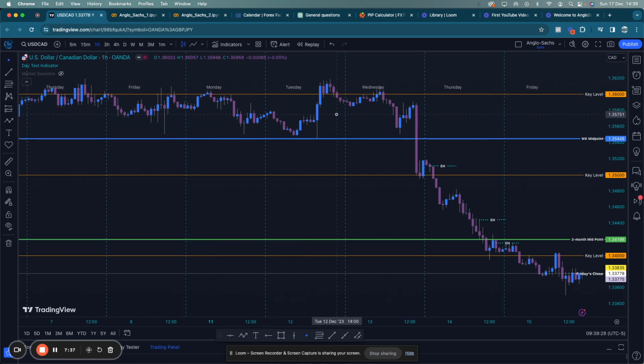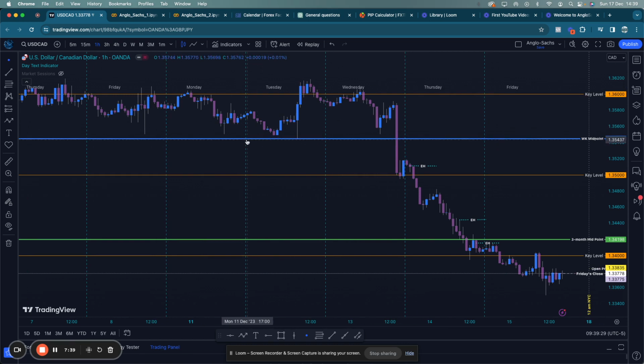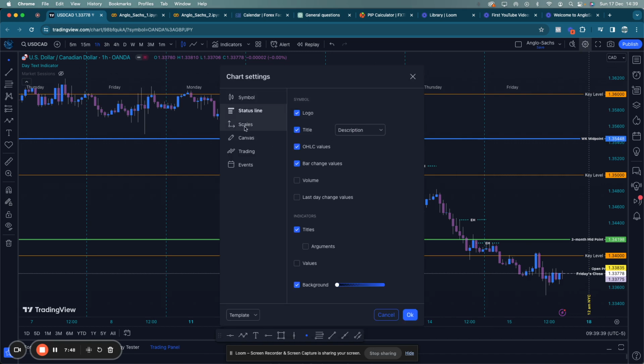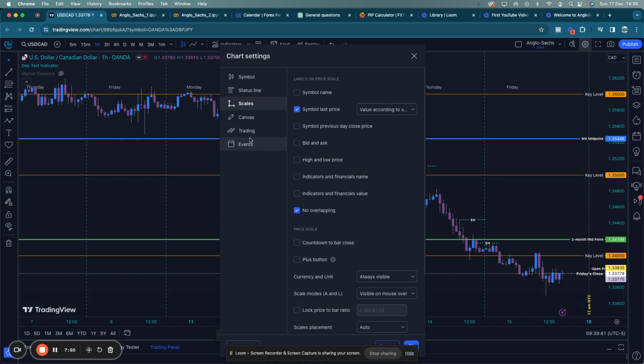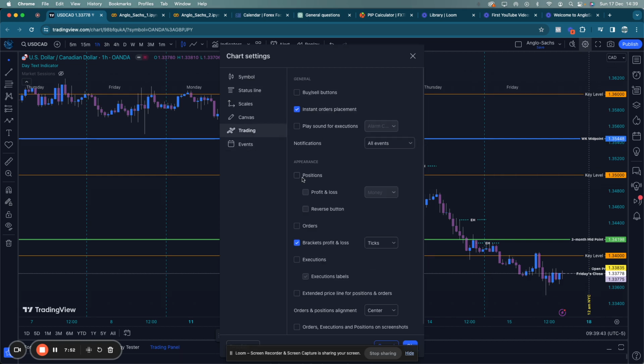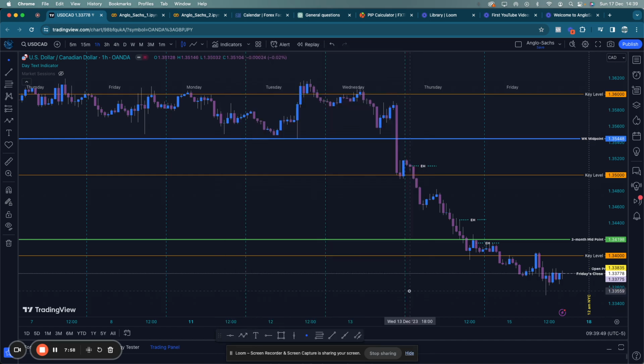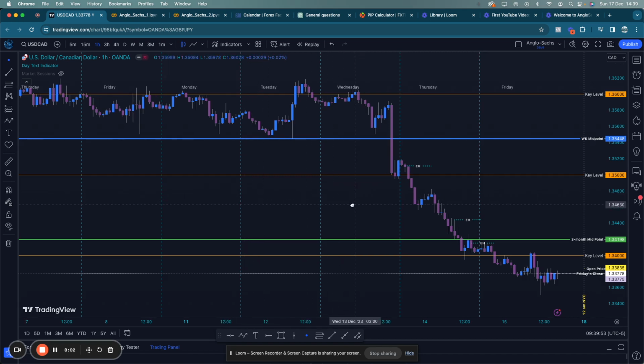I also have daily separators that can be implemented through TradingView, where you can change the configuration and have the separators on your chart.